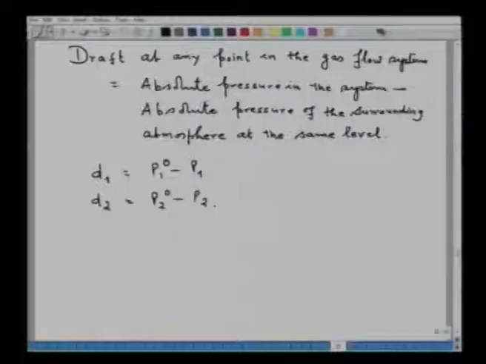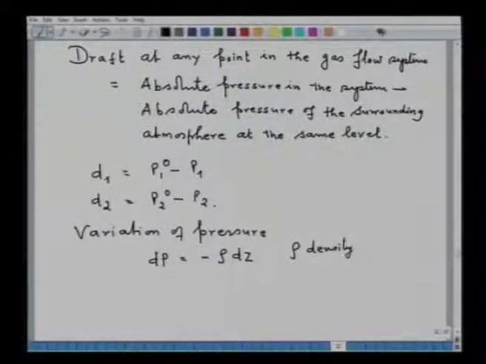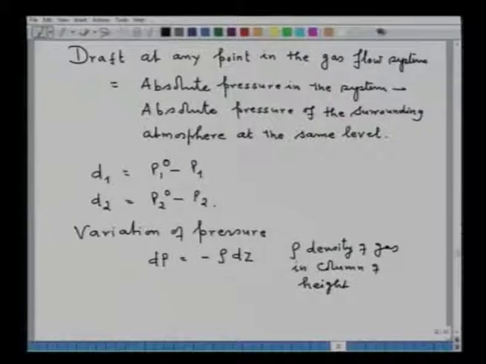The variation of pressure with height can be represented as dP equal to minus rho into dz, where rho is the density of gas in the column of height Z1 and Z2, that is Z2 minus Z1.